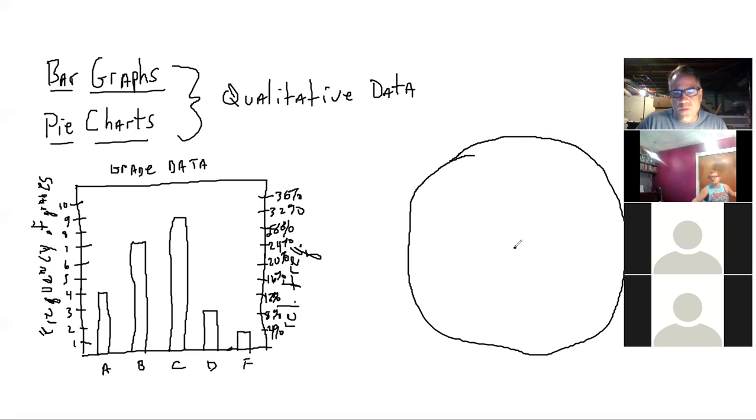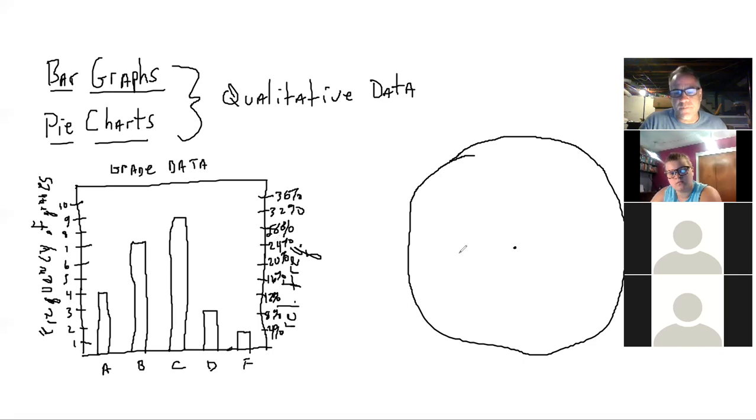The way you would actually construct a pie chart is knowing that a circle makes 360 degrees total. Then you would use a tool called a protractor that measures out angles. You set your protractor center right on the center of the circle and measure out an angle. For the A's, the relative frequency was 16%. You can look at the frequency table and pull that off of there.